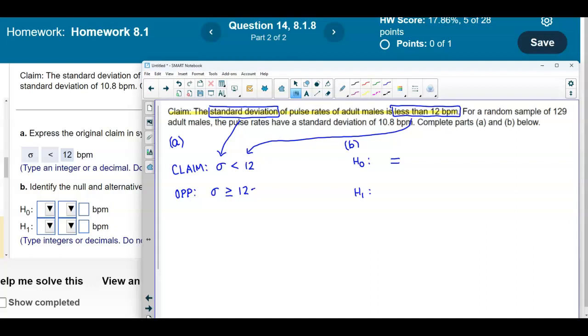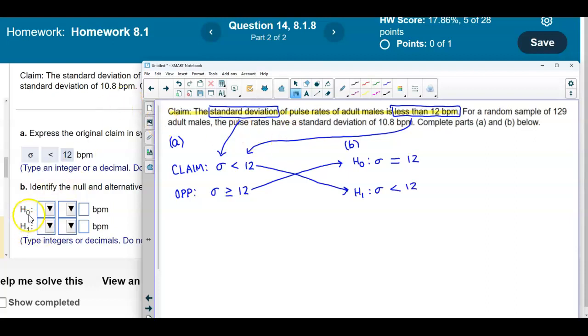So, since we know the equality is in the opposite of the claim, and we know that the null is always going to have the equality, we would say that the null is sigma equal to 12. And therefore, the claim would then be the alternative hypothesis. So we would say that sigma is less than 12 for the alternative hypothesis.